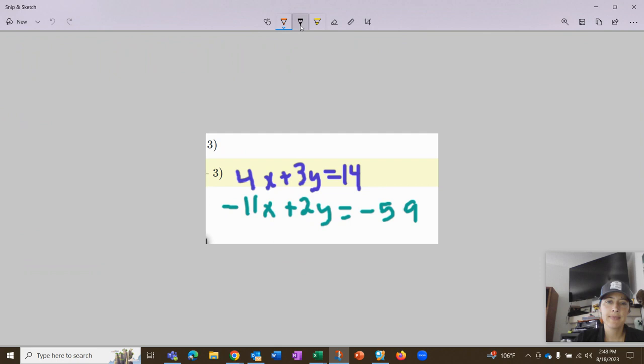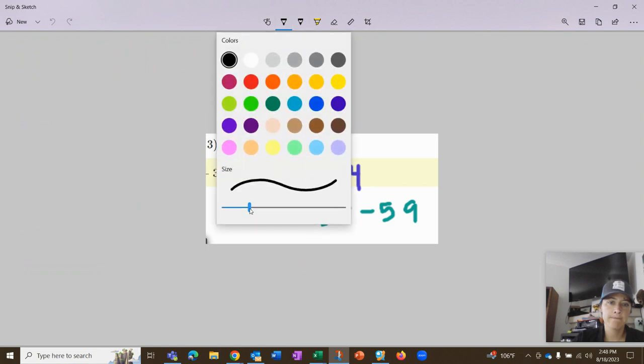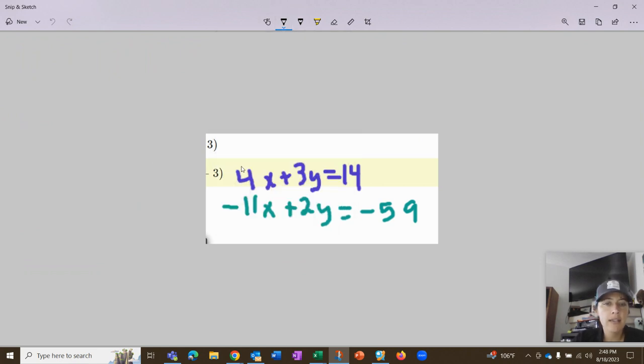Okay. So I think we should just use linear combination. I'm going to multiply the top by 2. I'm going to multiply the bottom by negative 3. So I'm going to get rid of the y's.